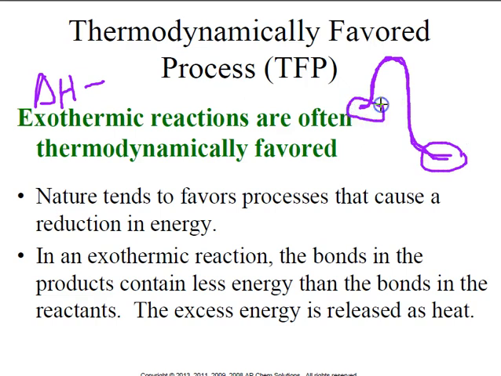And remember, that also means that they're either stronger bonds or maybe there's more of them. The difference in these two energies is released as heat. So in general, nature prefers thermodynamically favored processes that are exothermic, but that's not always the case.